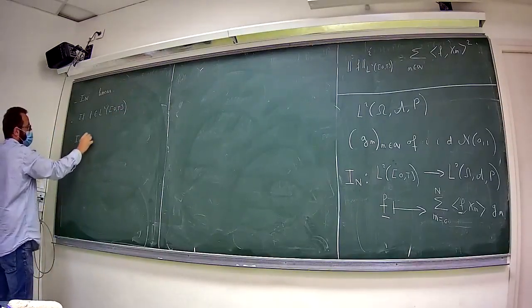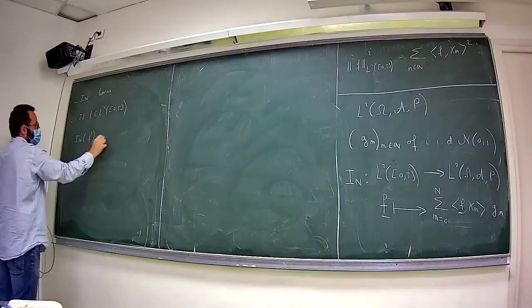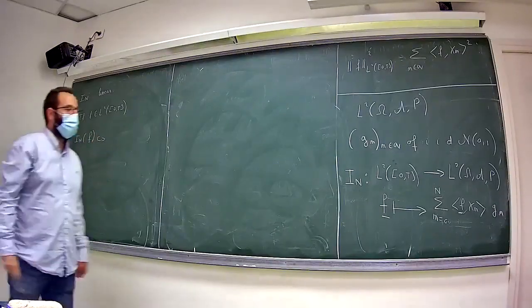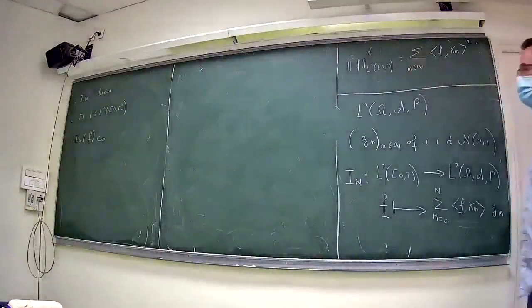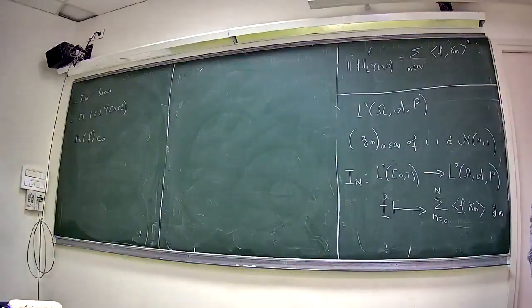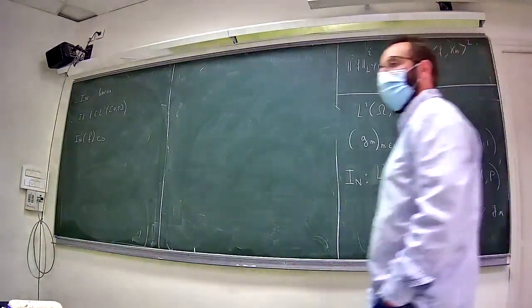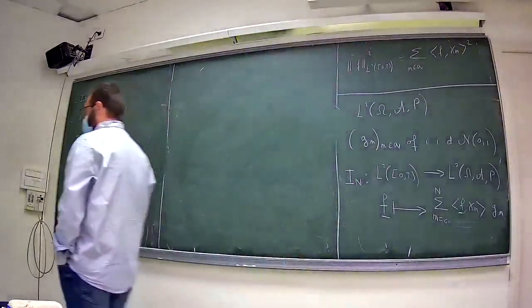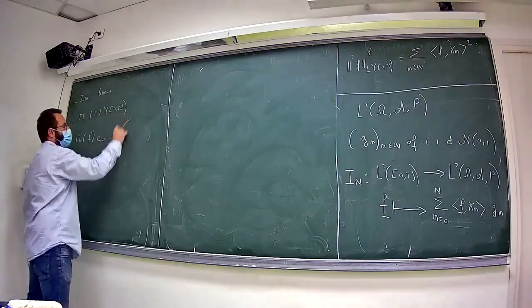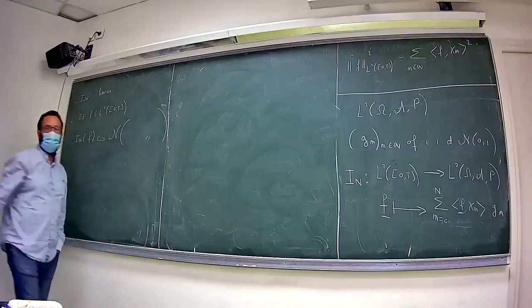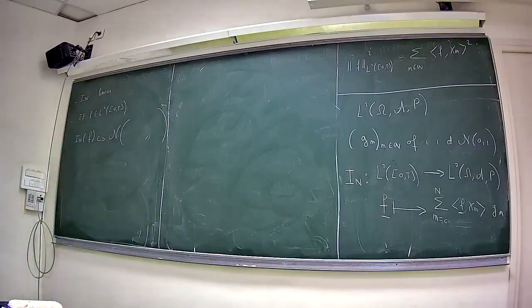What can you say about the distribution of this random variable here? What is the distribution of I_N of f? It's a Gaussian. I agree with you. So if I want to know it perfectly, I just have to know its mean and its variance.